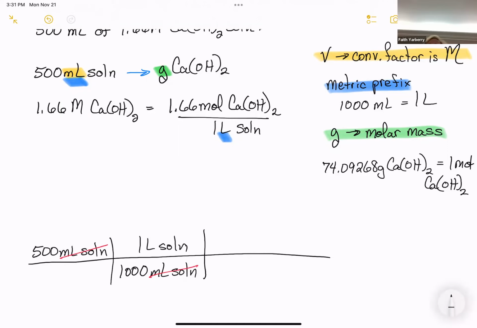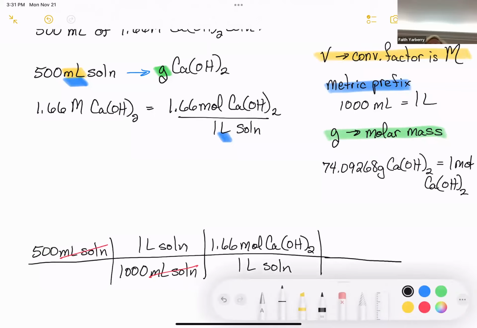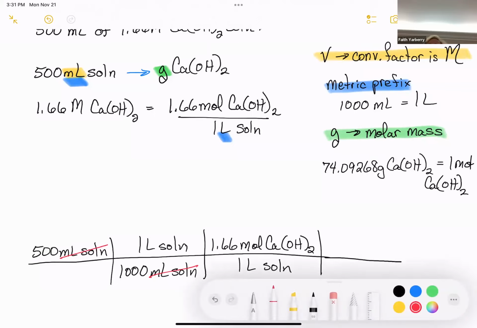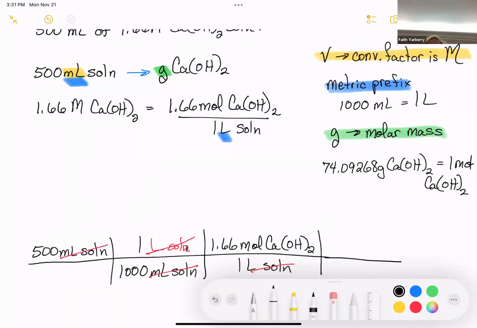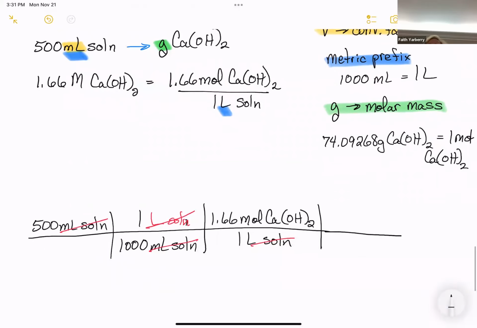Now we can use the molarity we were given. In this particular case, we want to keep it as is because we needed the liters of calcium hydroxide solution in the denominator so that the liters would cancel out. Leaving you moles of calcium hydroxide, and now you can use your molar mass of calcium hydroxide to convert that into mass.